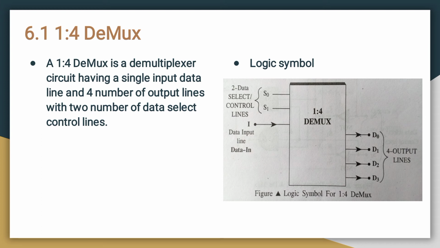A 1:4 demultiplexer is a demultiplexer circuit having a single input data line and 4 output lines with 2 data select control lines. This is the same as the multiplexer, where in the multiplexer we have 4 inputs and 1 output, but in the demultiplexer we have only 1 input and 4 outputs.